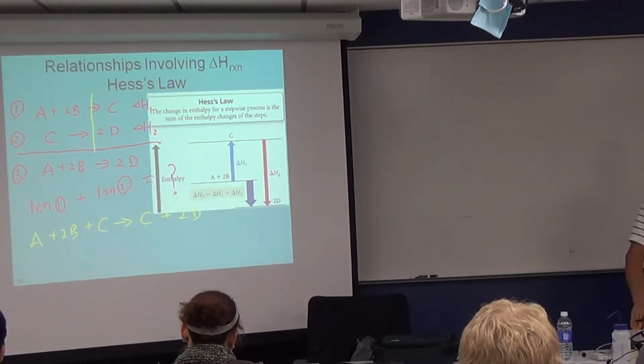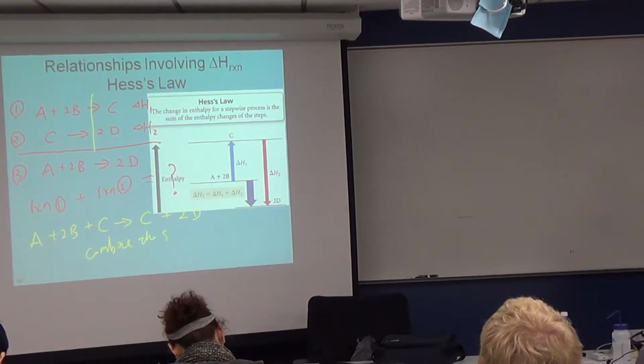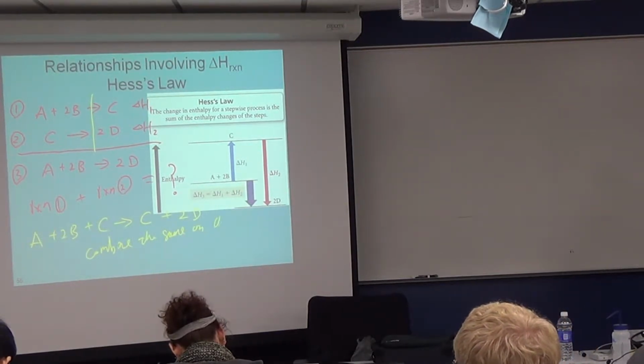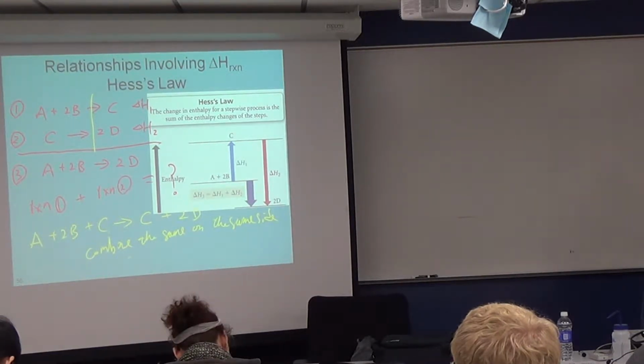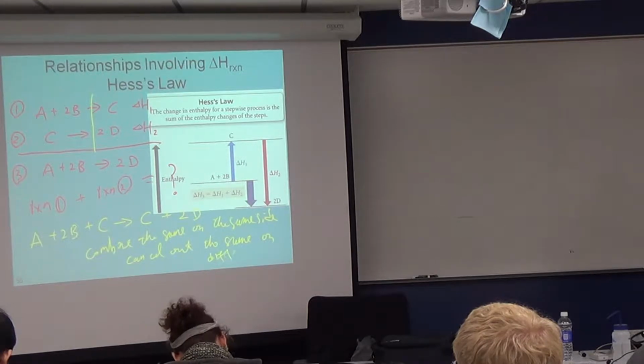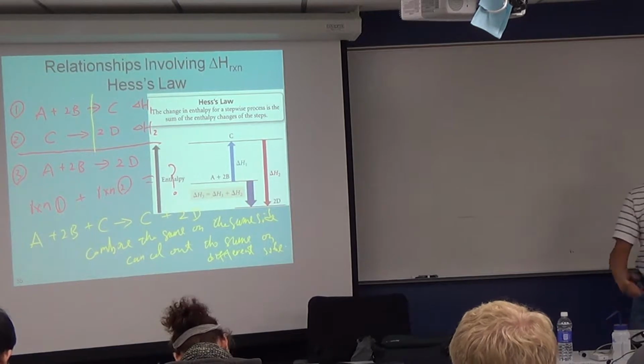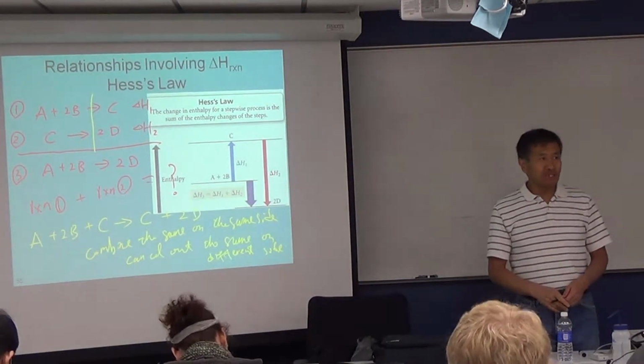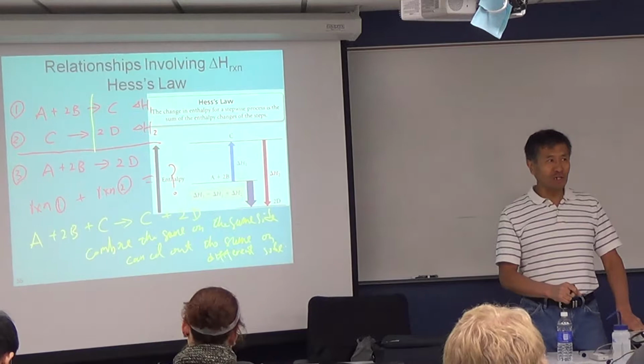So after you do that adding, you do two things as I told you. You combine the same species on the same side, and cancel out the same species on different sides. Sometimes these two operations might contradict each other.